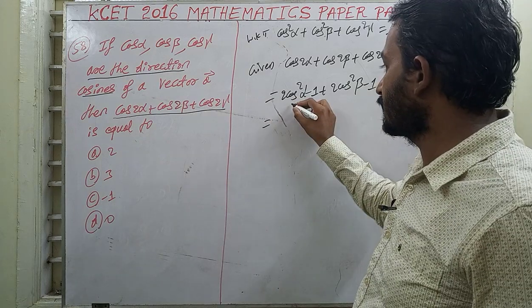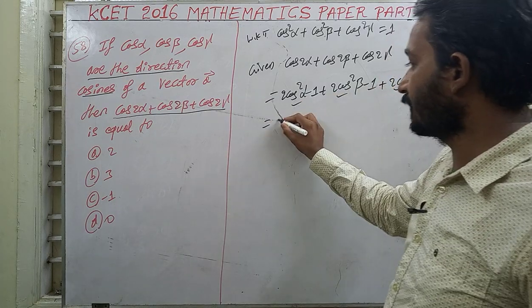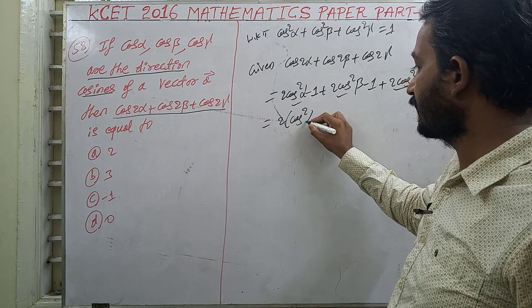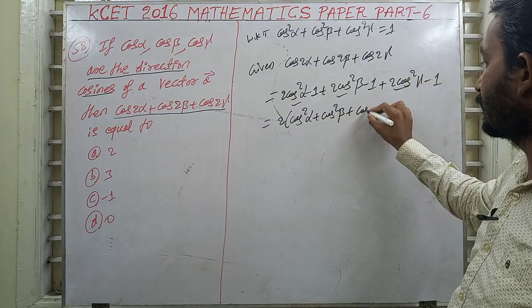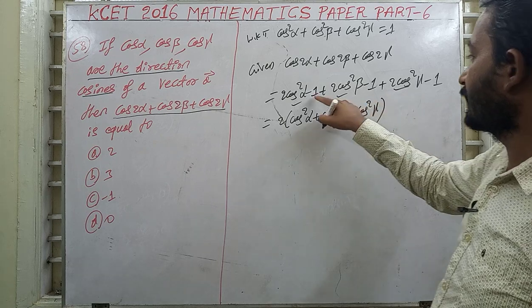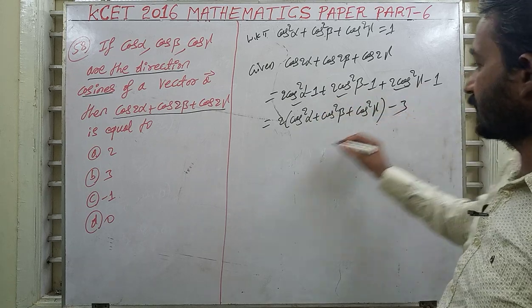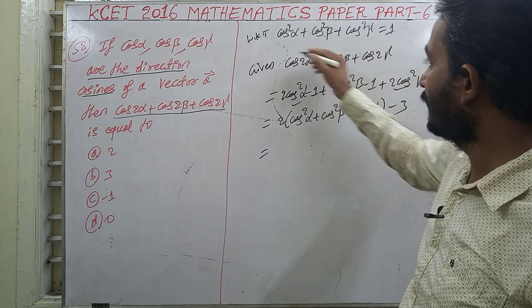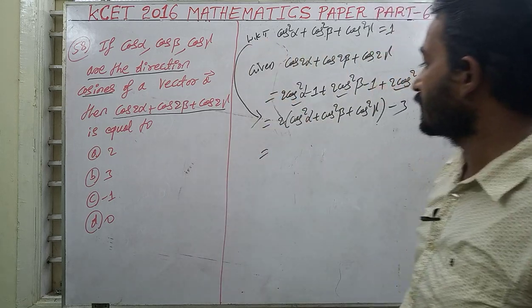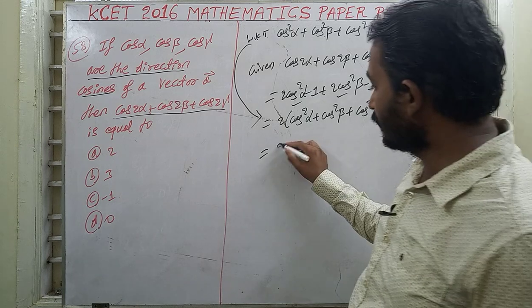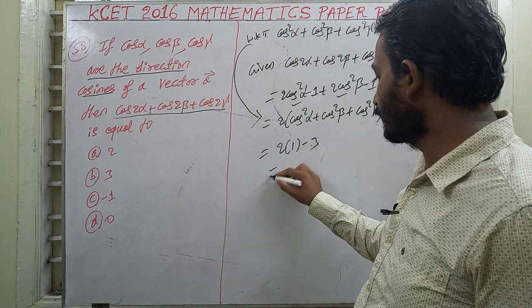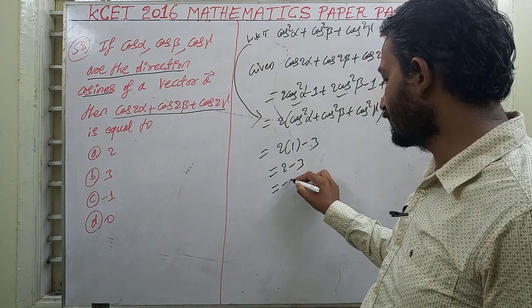In this case 2 is the common term, take it outside, it becomes cos square alpha plus cos square beta plus cos square gamma, and the remaining is minus 1 minus 1 minus 1, which is minus 3. So this value becomes 1. Substitute cos square alpha plus cos square beta plus cos square gamma is equal to 1. 2 into 1 minus 3, 2 minus 3 is minus 1, the good answer.